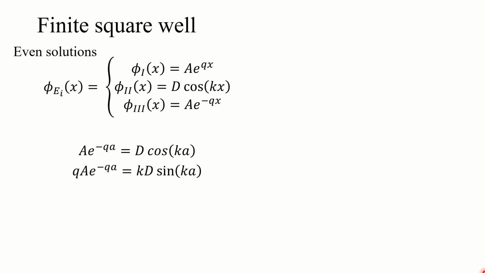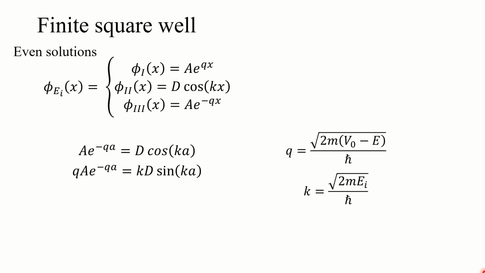And it seems like we have two equations with, well, let's say 4 unknowns: a, d, k, and q, right? But it turns out k and q are really only one unknown because they're both related to the energy, right? So q, if you recall, was this, so it's related to energy, and k is equal to this, so it's also related to that energy. So those k and q are really one unknown.